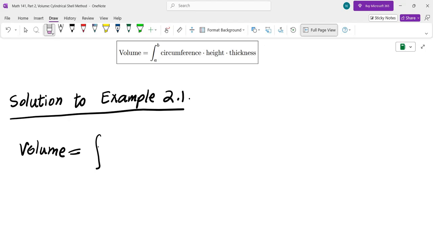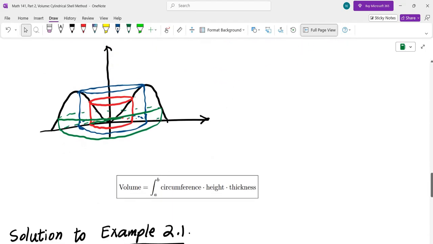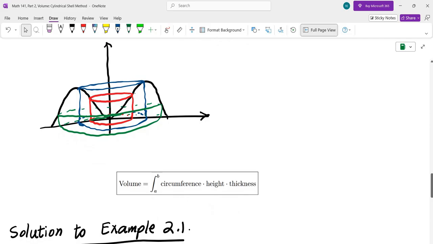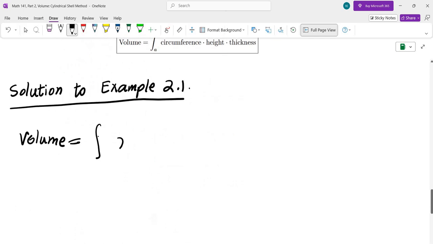First thing is circumference. So what is the circumference? Let's look at the cylindrical shell. Well, the cylindrical shell that we have, the radius is exactly x. This radius is the x value. So x is the radius. Therefore, circumference is 2 pi x.